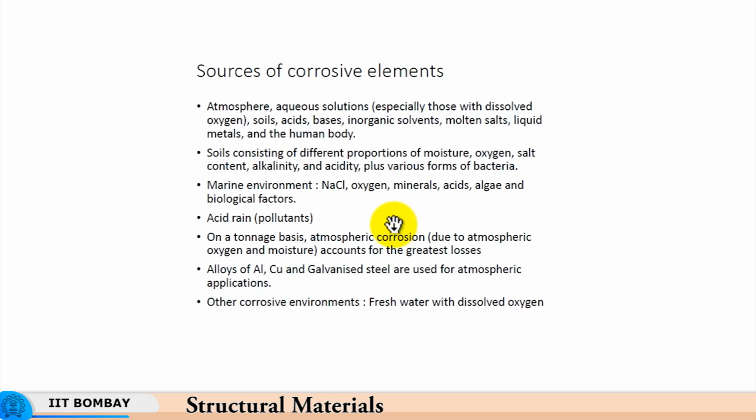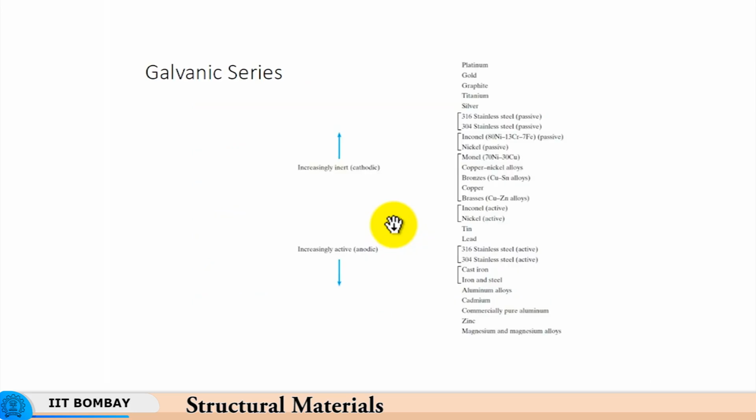There are many other corrosive environments, including fresh water, and depending on the propensity to go into solution, metals have been arranged in an electronegativity series or galvanic series, as it is called. So, you have platinum, which is the most resistant to corrosion because it is most inert.